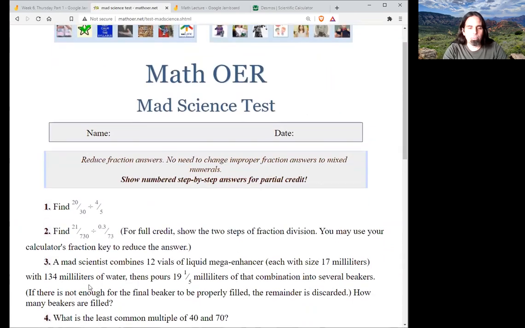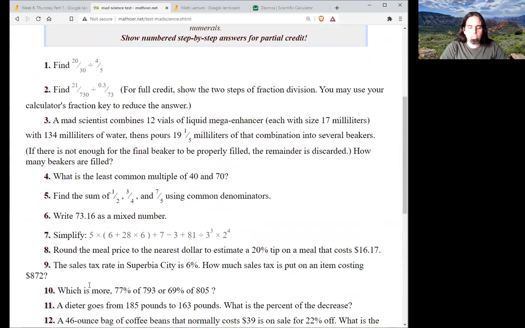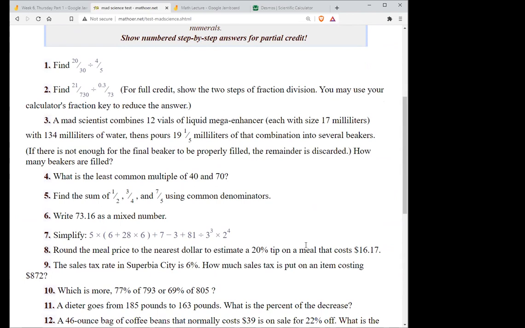Okay, so are we really done with mad science? Any of these things you want me to do or you want to work on together, we can. I'm still trying to do the last exercises for the mad science.